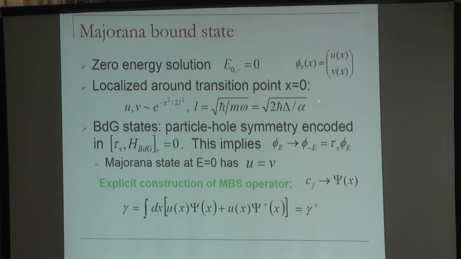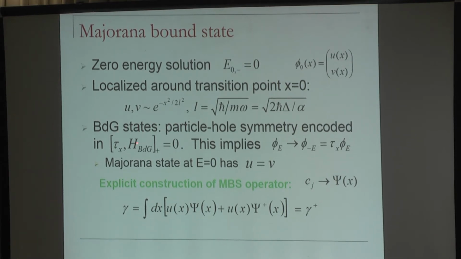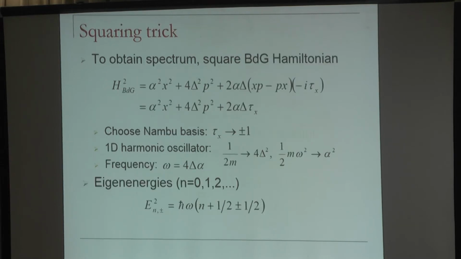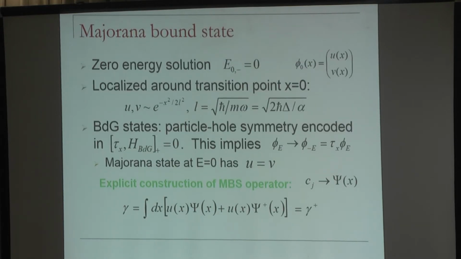Now we still have a structure in this particle-hole space. Namely, we can see that from particle-hole symmetry, which is always fulfilled by these BdG Hamiltonians, this BdG Hamiltonian anticommutes with tau x. You see this directly here: the BdG Hamiltonian involves tau z and tau y, and these both anticommute with tau x. So the Hamiltonian must anticommute with tau x.